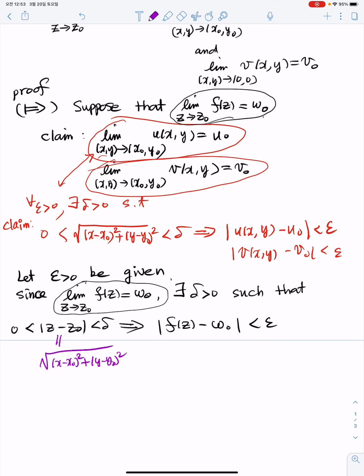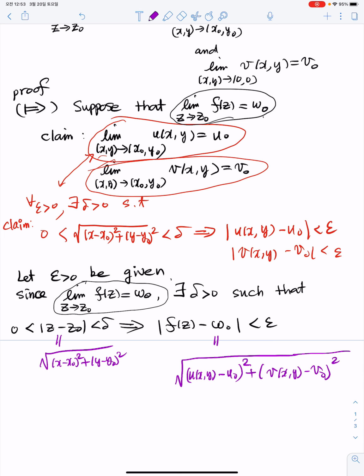And look at this part, this is exactly root of (u(x, y) minus u0) squared plus (v(x, y) minus v0) squared. So you have this one.